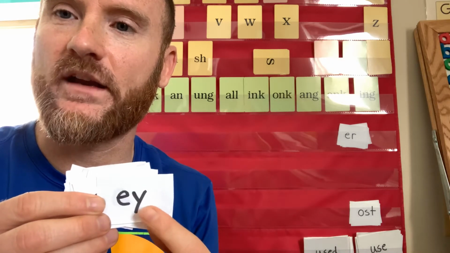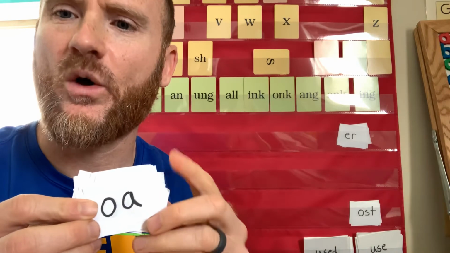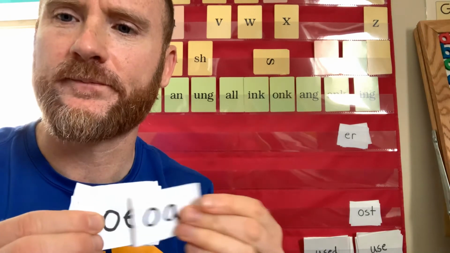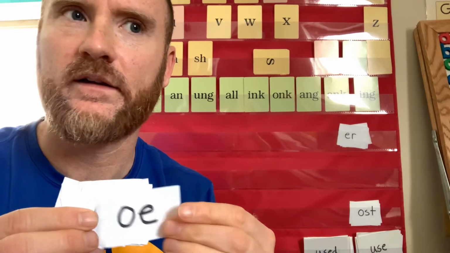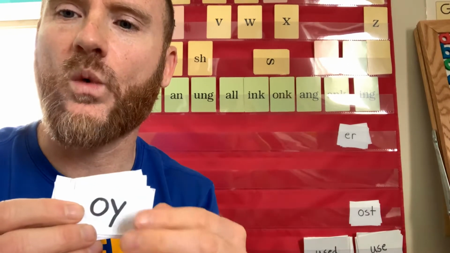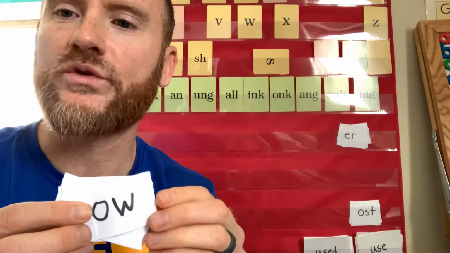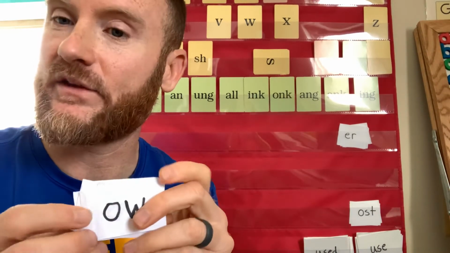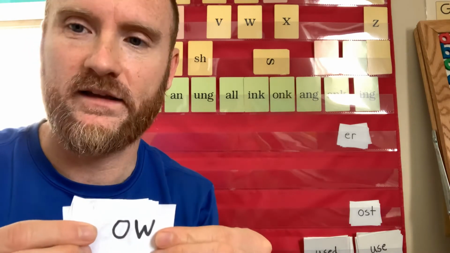This one almost always comes at the end of the word. OA, O. OE, O. OY, oi. OW, O, like in the word snow. OW, ow, like in plow.